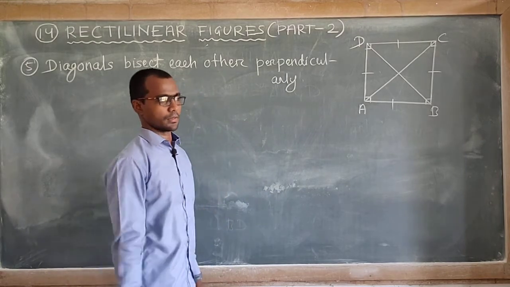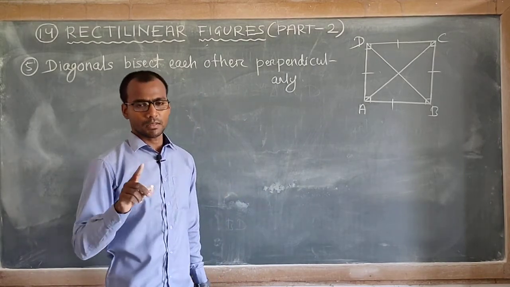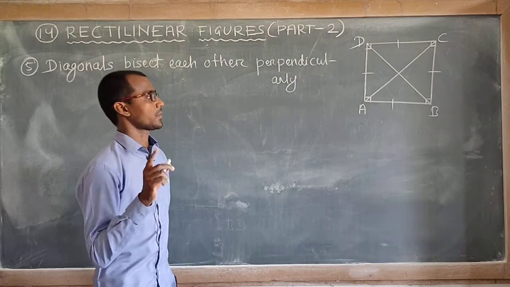As in case of a rhombus, the diagonals of a rhombus bisect each other perpendicularly. Here also the same thing.